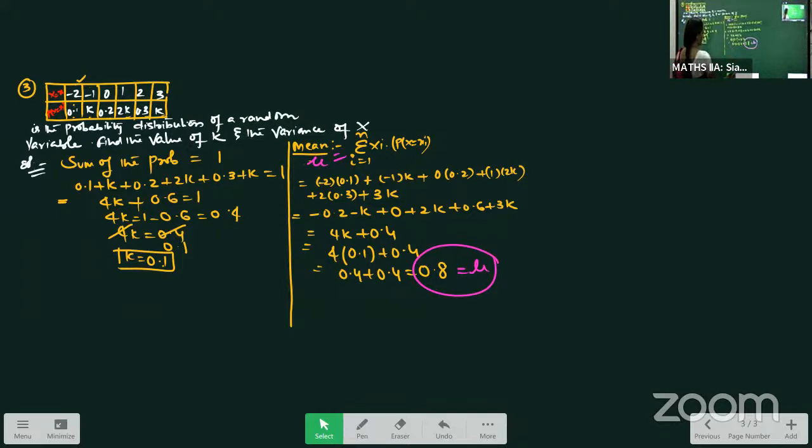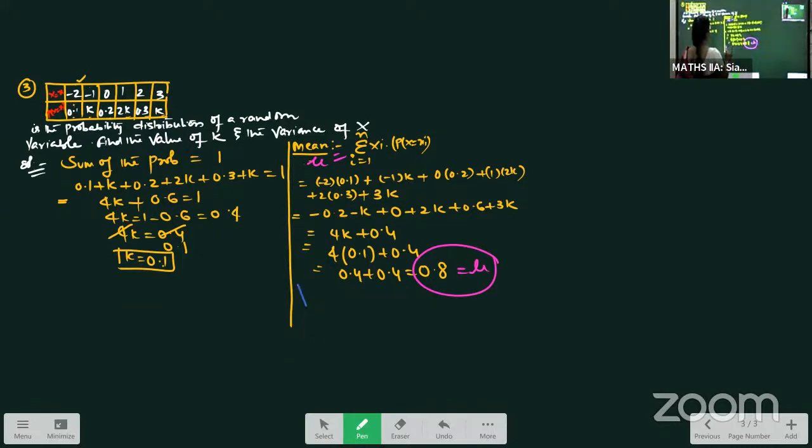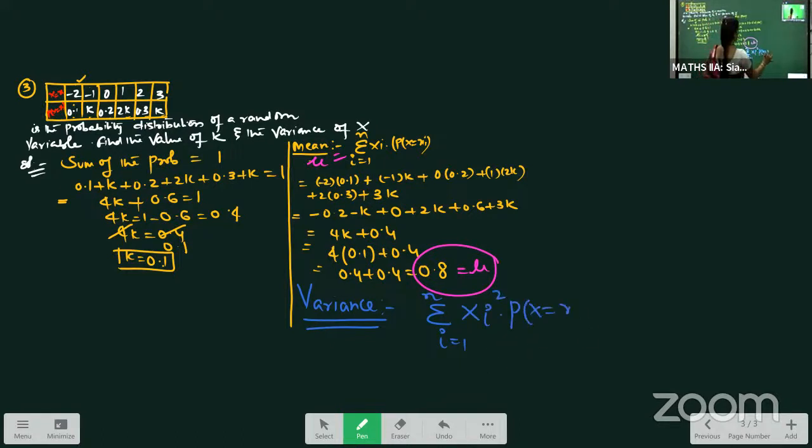Now I'm finding the variance. What is the variance formula? The variance formula is sigma i is equal to 1 to n, xi square into p of x is equal to xi, minus mu square.